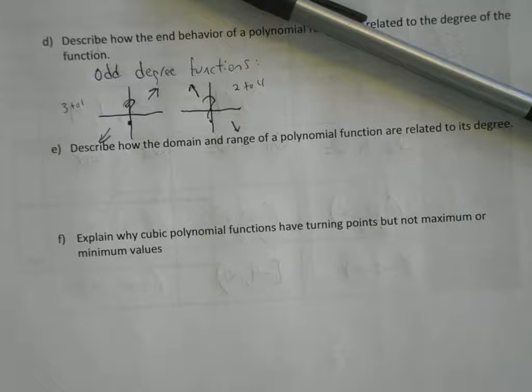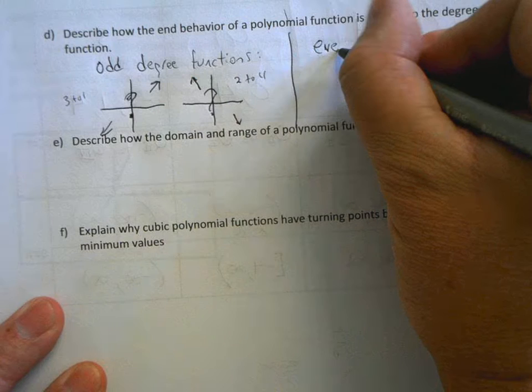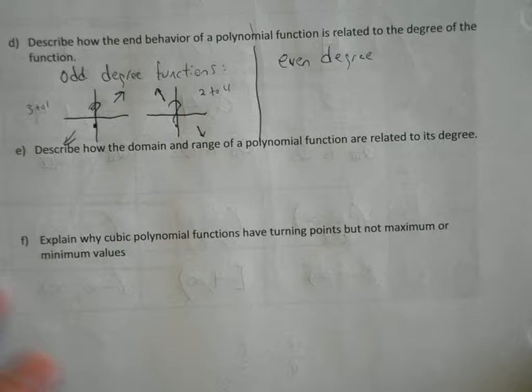Okay. What if the function is of even degree? Everybody knows odd and even, right? Okay. You can ask any questions. If I'm talking and I don't make sense, you let me know. Try not to assume.